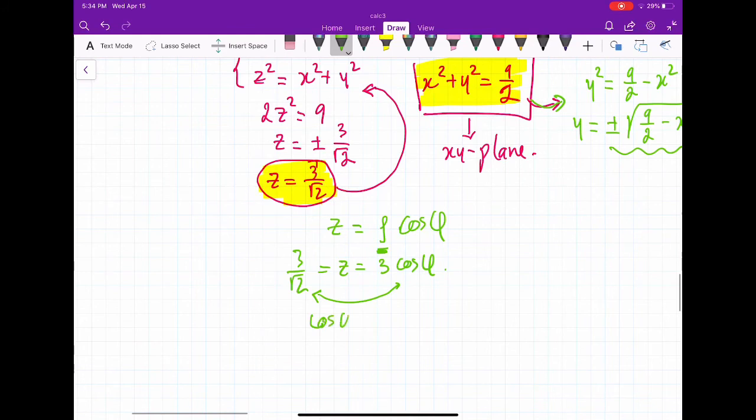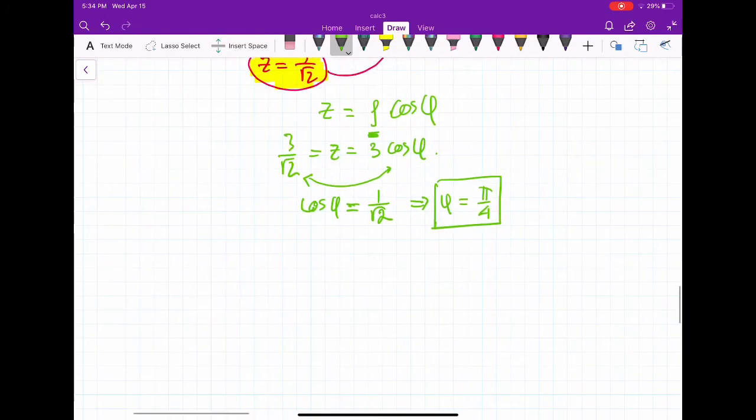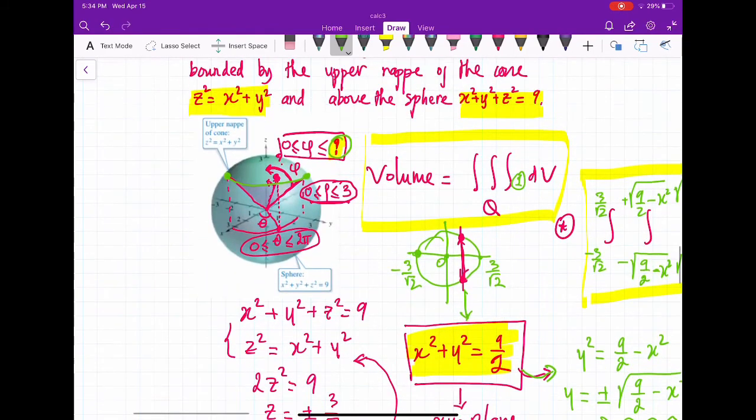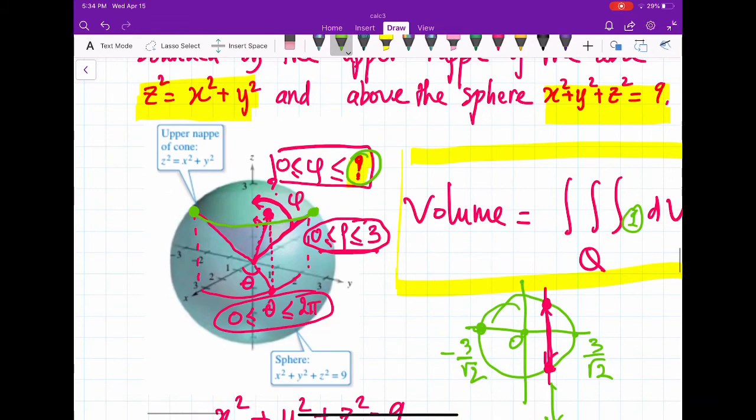I have cosine phi is equal to 1 over square root of 2. So phi is equal to pi over 4. That means phi is in between 0 and pi over 4. Make sense? Look at this. This is pi over 4.